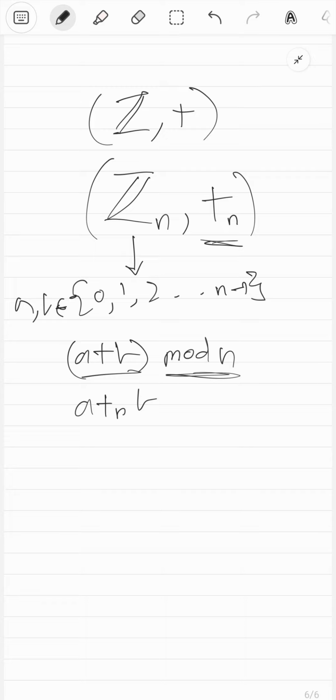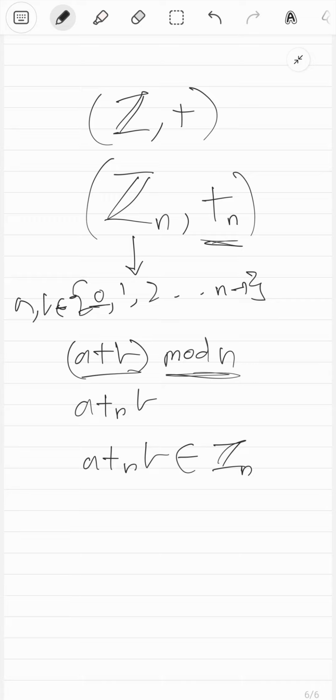So what that means is that a plus_n b is in Zn if a and b are in Zn. Even if they're just in Z, it's still going to be in there. So closure is there. Is there an identity?